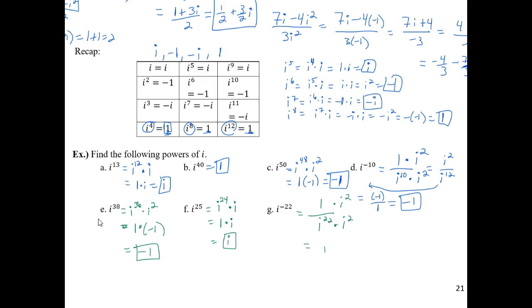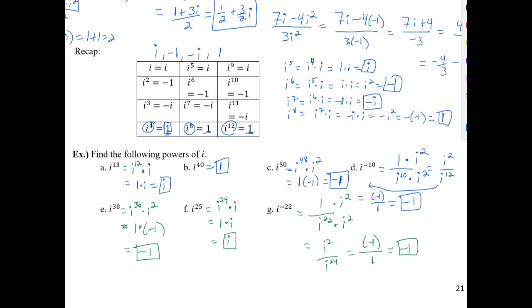And I'll have i squared in the numerator over i to the 24th. i squared is negative 1. i to the 24th is a positive 1. And negative 1 divided by positive 1 is a negative 1. And that's as far as you can go.